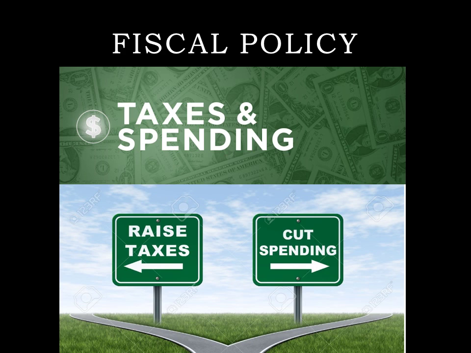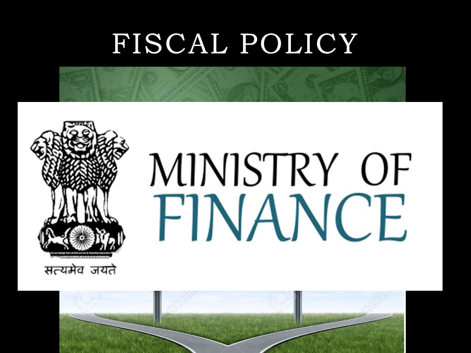Fiscal policies refer to the combined governmental decisions regarding a country's taxing and spendings. These policies go hand in hand with the monetary policies. As a government, they have two levers by which they can monitor the fiscal policies: the taxes and the government spendings. In India, the Ministry of Finance handles the fiscal policies of the country.